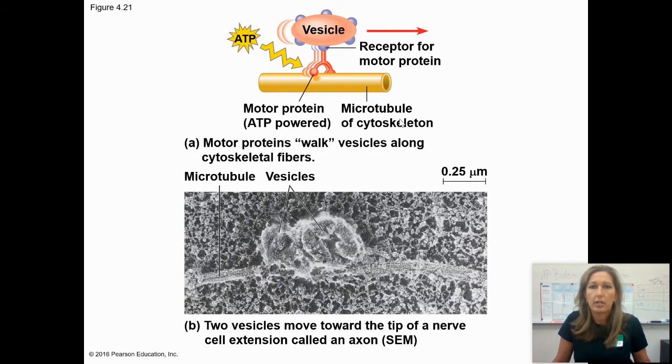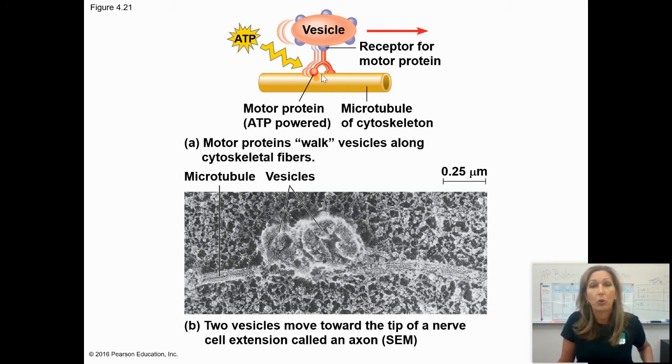Now, the next section that you're going to read in the book on 4.6 is really talking about the cytoskeleton. When we talk about the cytoskeleton, cyto meaning cell, skeleton meaning internal structure, we should just be aware of the network of proteins and fibers and tubules that exist in order to maintain shape or to even have some motor action.